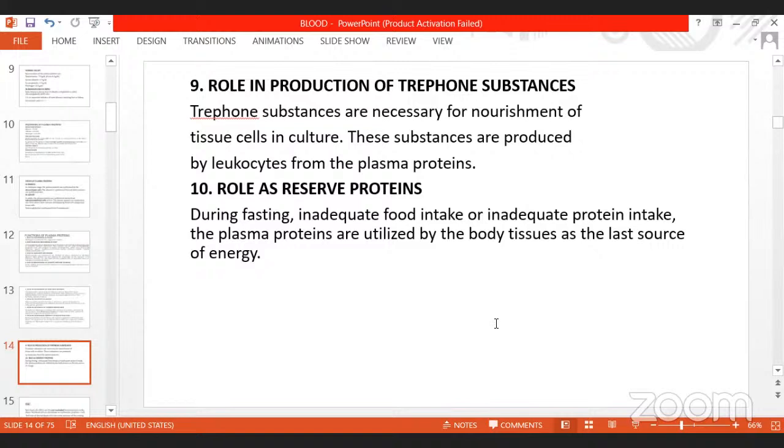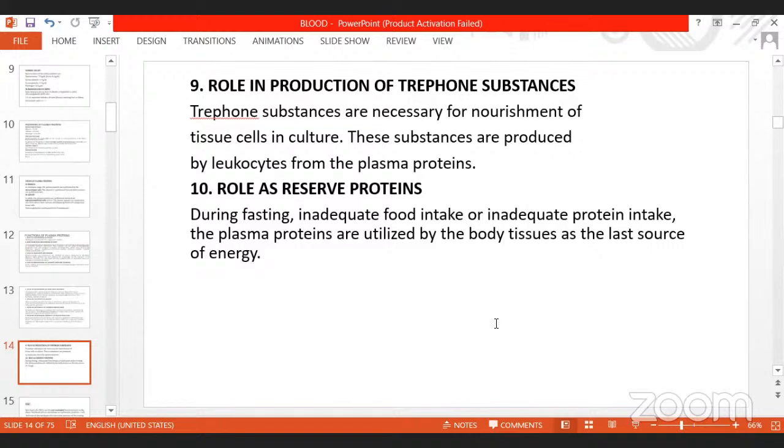As I said earlier, during fasting or extreme starvation, with inadequate food intake or inadequate protein intake, if the person is deprived of protein diet for a prolonged period of time, the plasma proteins are utilized by the body tissues as the last source of energy.